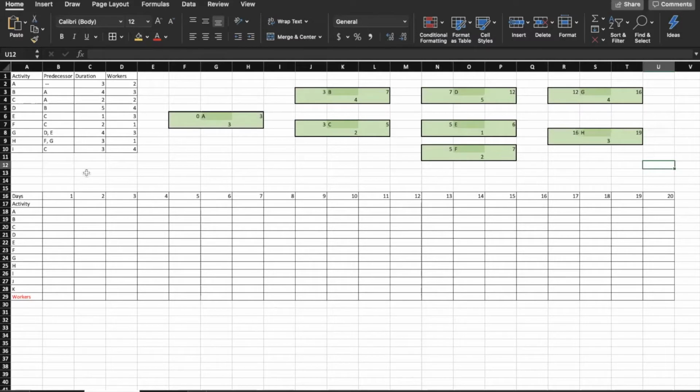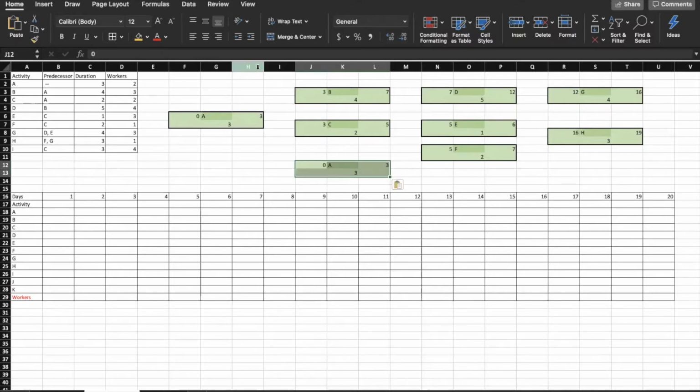And the last cell that we have is I, which is right after C. So I'll put it under C. And it can start right after C on day 5, and takes 3 days, so would be done by the 8th.